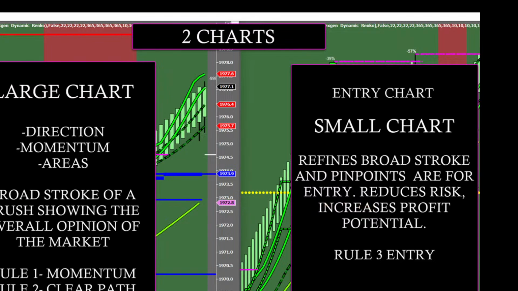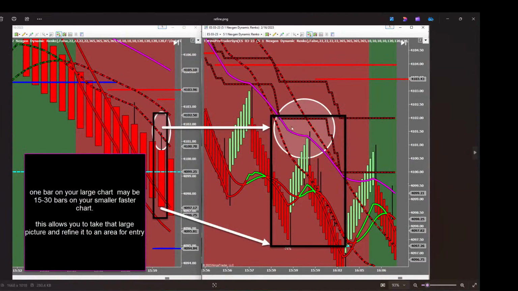Your small chart is a refinement chart. It takes an X-ray of that one bar on the large chart, and that X-ray inside of this one bar is an entire pullback and continuation of the trend very often. And all of this small chart happens in just one bar.